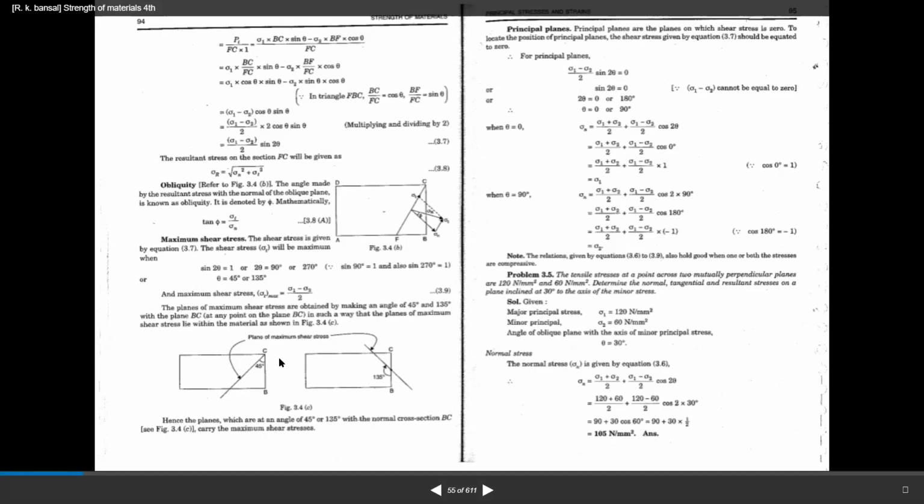See the diagrams. Hence, the planes which are at an angle 45 degrees or 135 degrees with the normal cross section BC carry the maximum shear stresses.